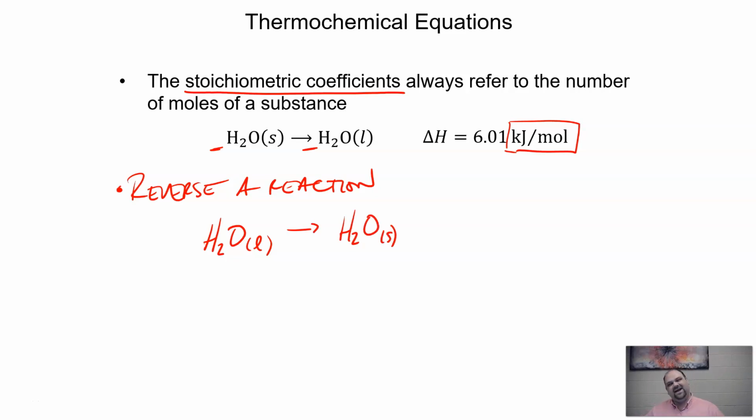Well, instead of adding in 6.01 kilojoules per mole, now I've got to take out 6.01 kilojoules per mole. And so I change the sign of delta H. So delta H is now negative 6.01 kilojoules per mole. Right? So you reverse the reaction, you change the sign of delta H.